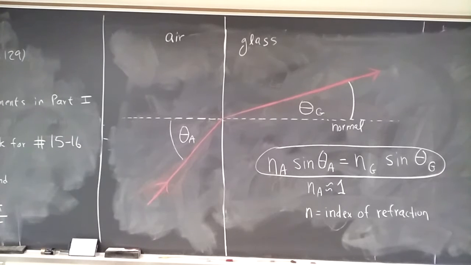A vacuum would actually be perfectly 1. So then the index of refraction of glass is the N_G, and that's one of the quantities we're going to be finding experimentally in this experiment. You're going to make measurements of angles with protractors and calculate what the index of refraction of the glass is.